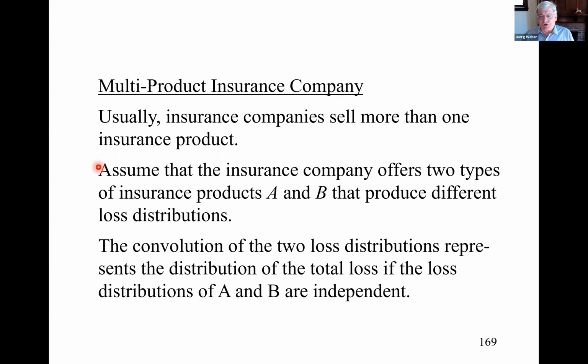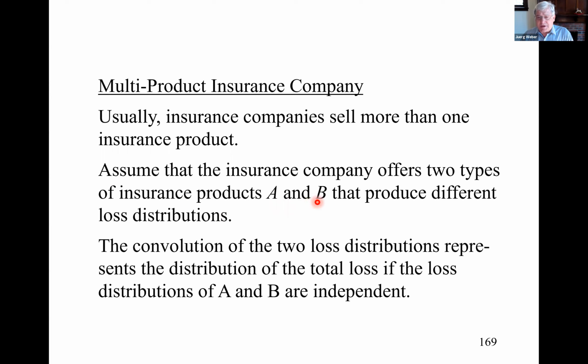Assume the insurance company offers two types of products, A and B, that produce different loss distributions. So this insurance company may sell travel insurance, and travel insurance then produces a certain loss distribution for the insurance company.